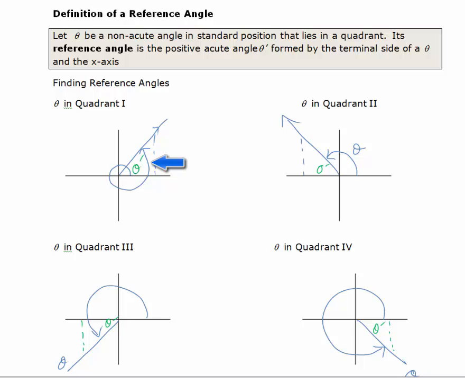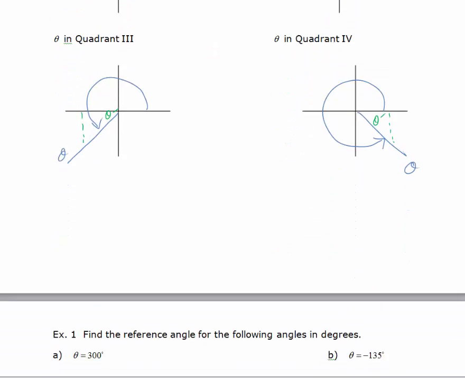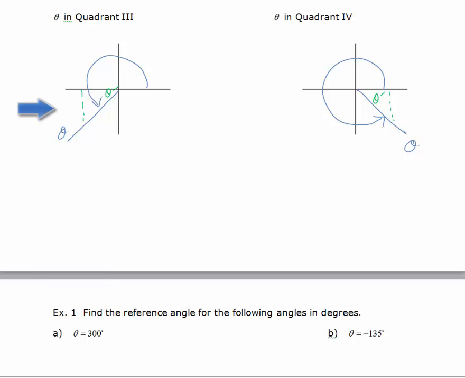In this case, suppose your angle falls in the second quadrant. You drop a perpendicular. Theta star is that acute angle that is formed between the x-axis and the terminal side of your angle. If your angle falls in the third quadrant, you drop a perpendicular.